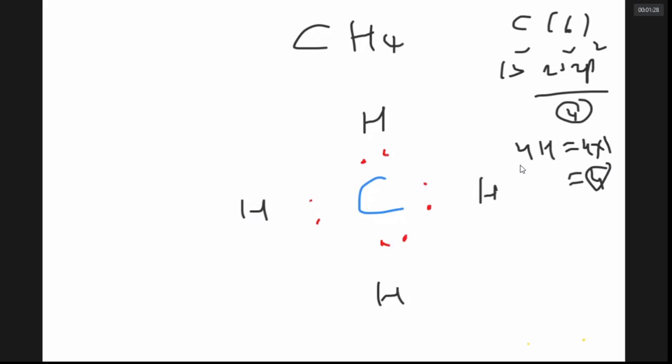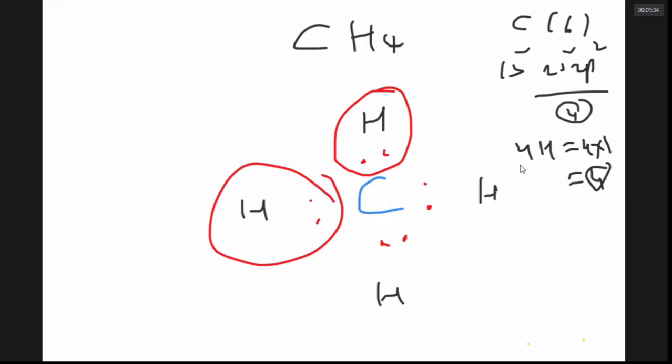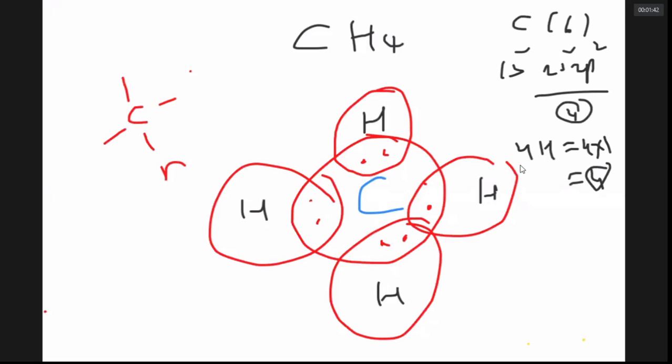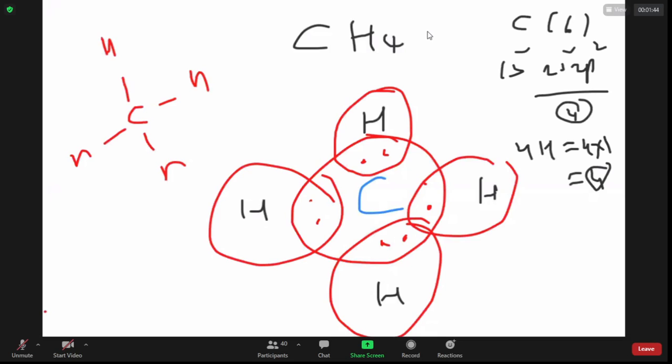Your 8 are over. Check, is it happy? Yes, like helium, happy, happy, happy, happy. Very good, you have written methane. No lone pairs on anybody.